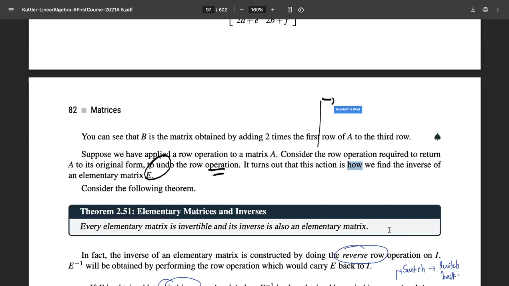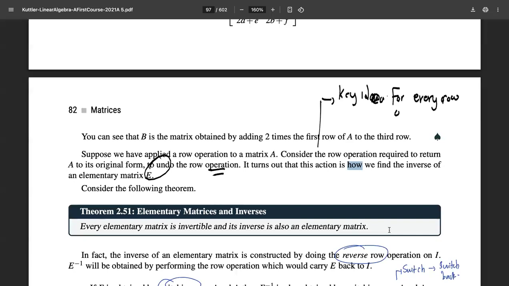So the key idea here is that for every row operation, we can undo it. That means there is an inverse. And the idea is pretty intuitive, right?